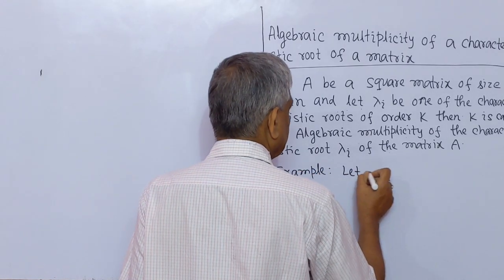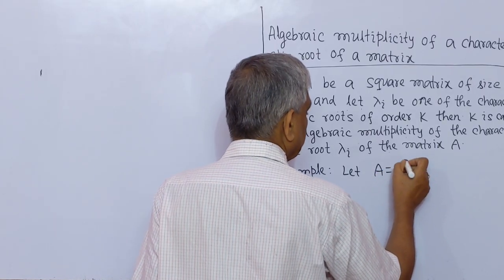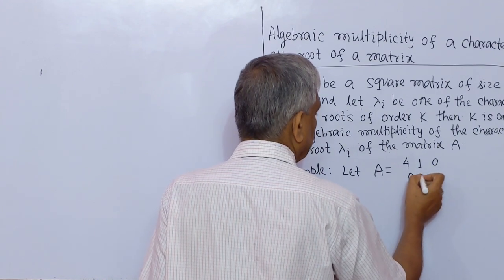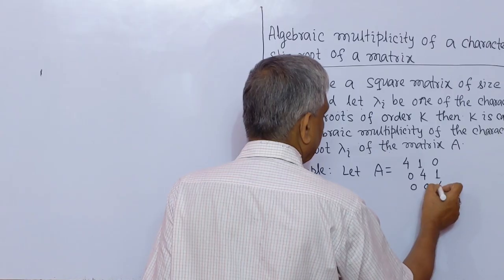Let A be a 3 by 3 matrix whose elements are 4, 1, 0, 0, 4, 1, 0, 0, 4.